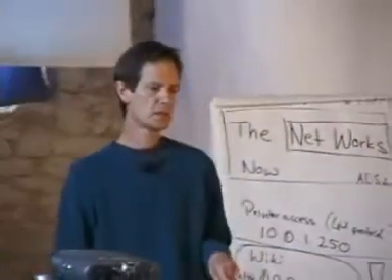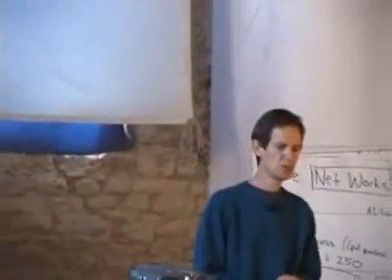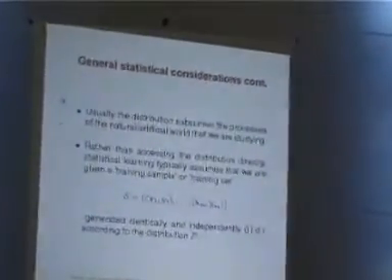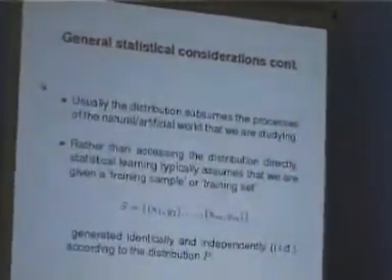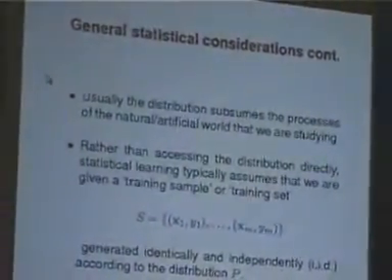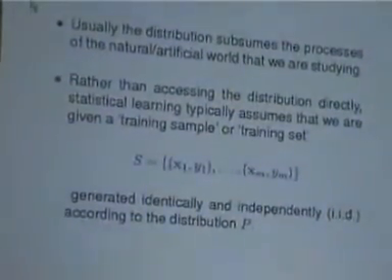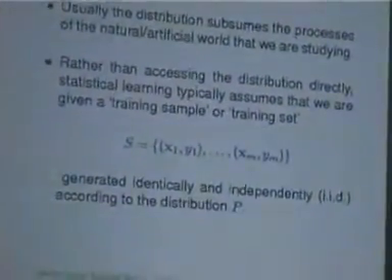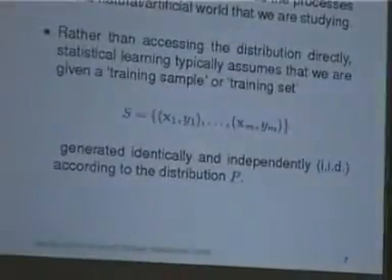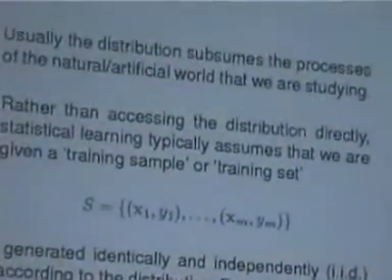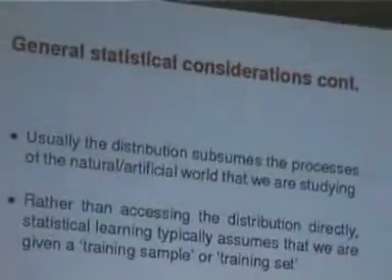In a sense, this assumption of a distribution subsumes everything that we might hope to know about the processes in the natural or artificial world that we are studying. Now, that's not going to be true in the end, because in the way we design our learning algorithms and so on, we're going to incorporate our knowledge about the world, the problem we're studying. But in a sense, the distribution contains all the real information.